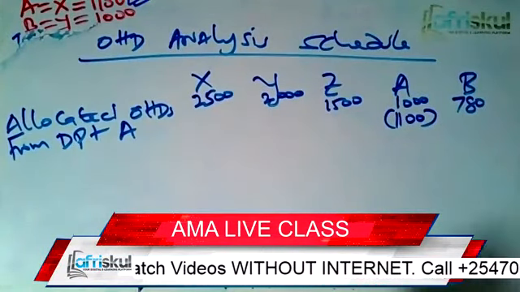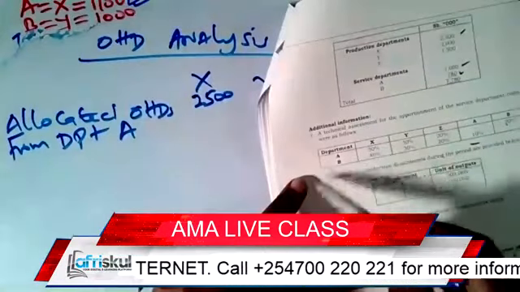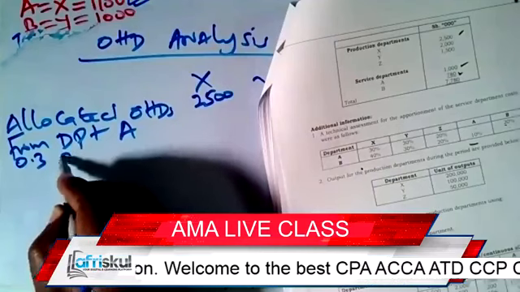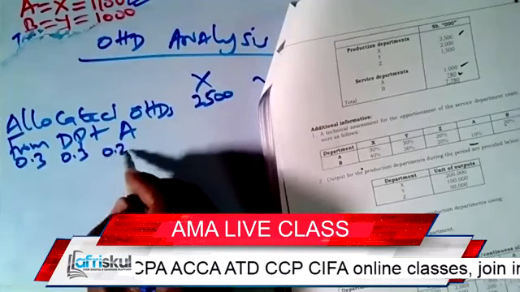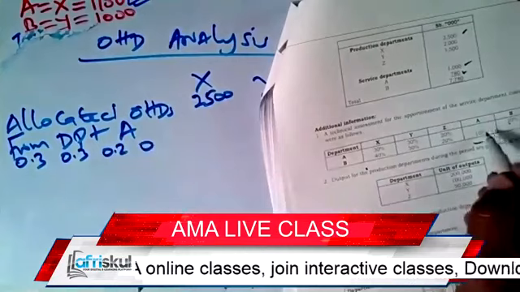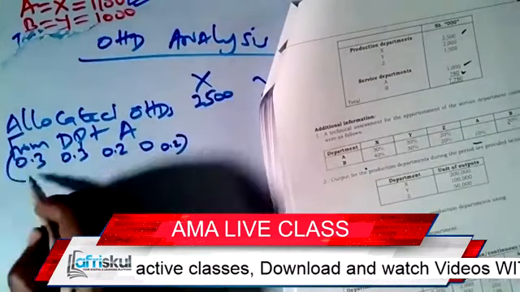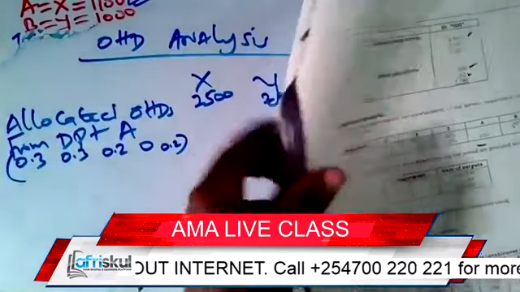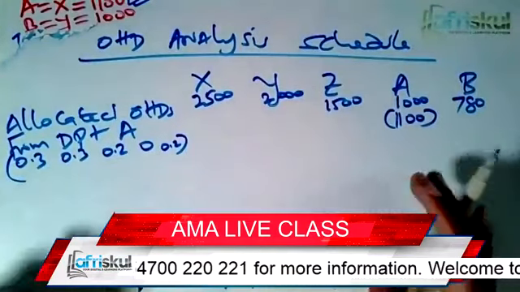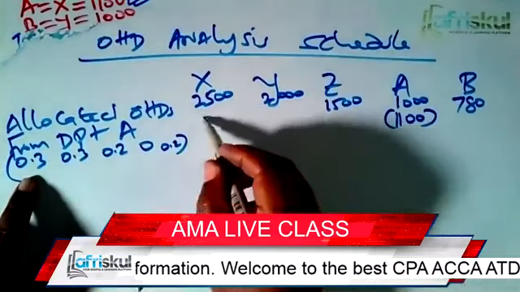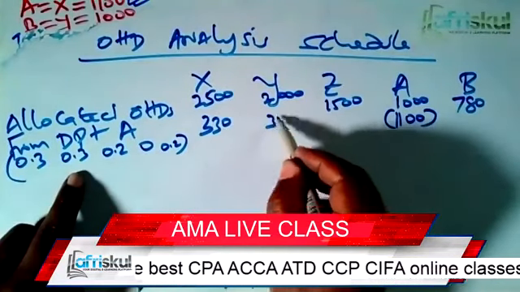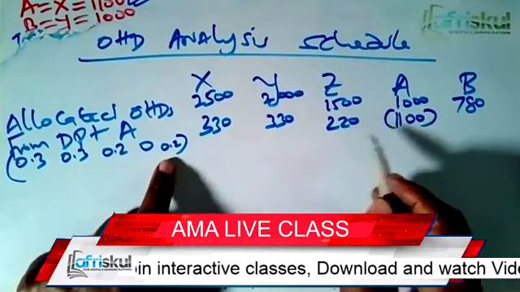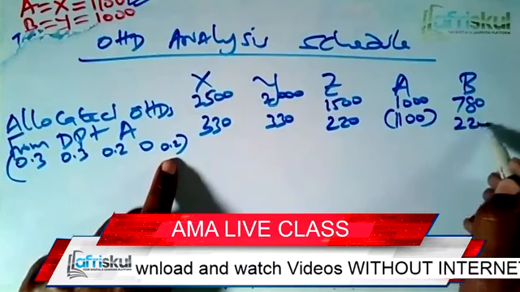The proportions to be used are given here: 30%, 30%, 20%, 0, and then 20%. So 0.3 of 1,100 gives me 330, this will be 330 as well because of 0.3, and then we have 220, and of course 0, and then 220.